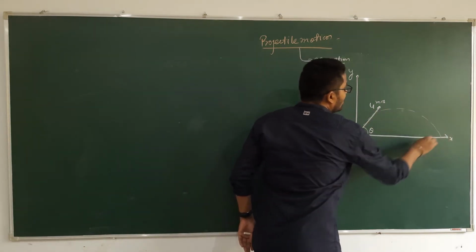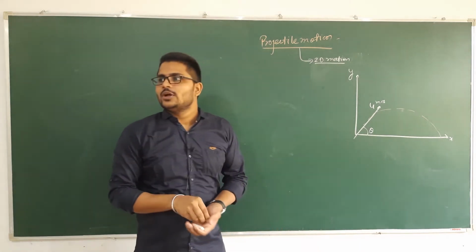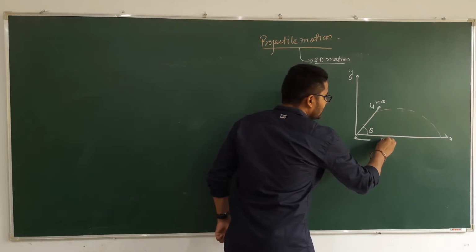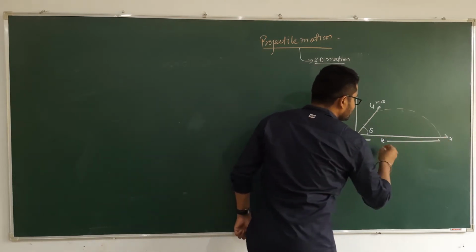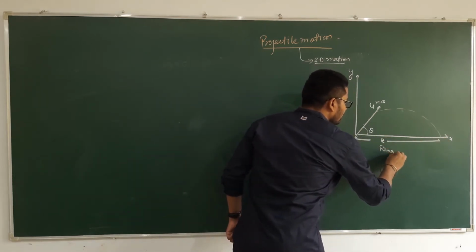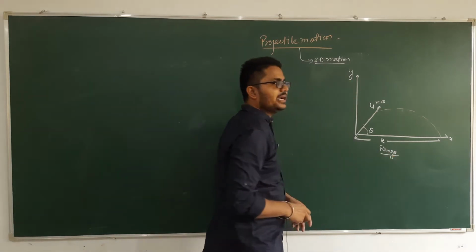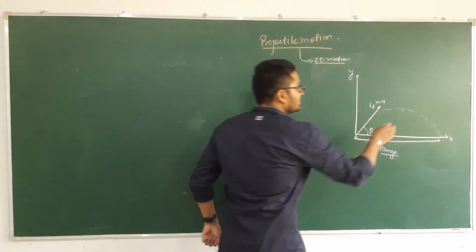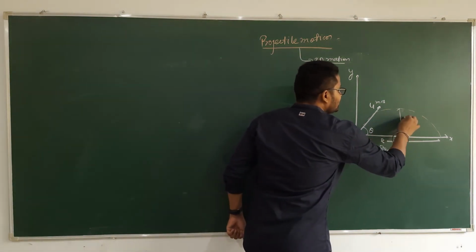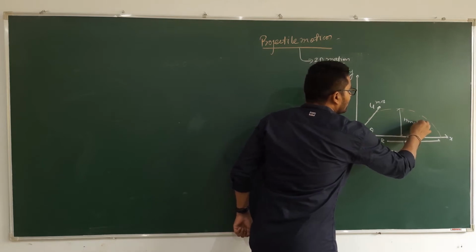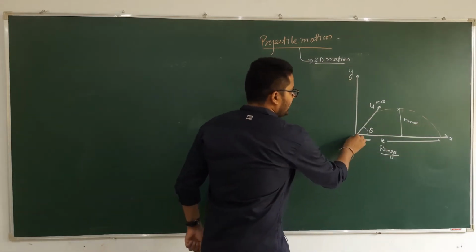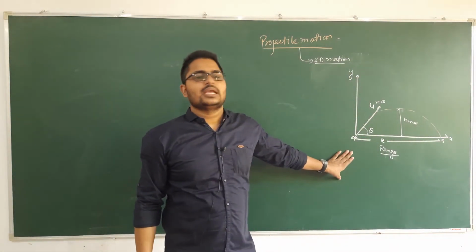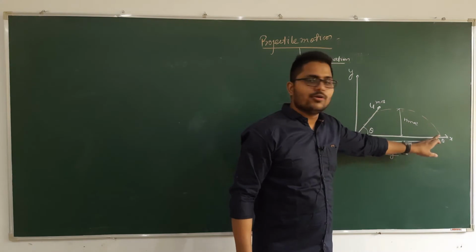It will travel a distance in the horizontal direction that is called range, and it will attain a height that is called maximum height. From point A to point B, it will take some time that is called time of flight.